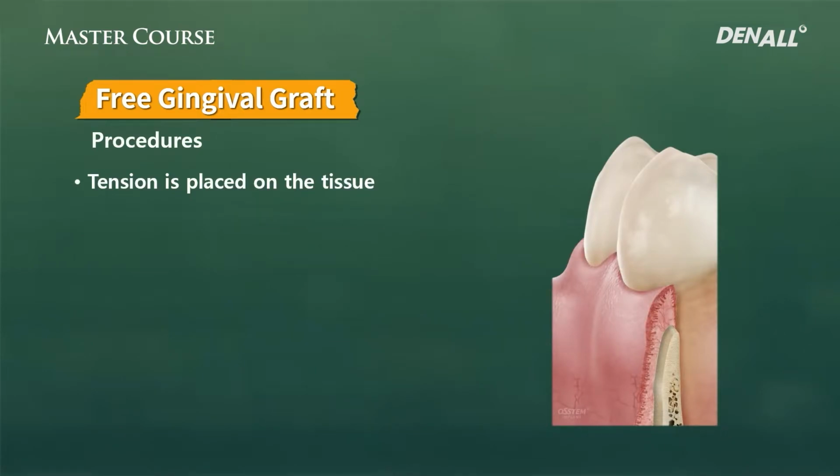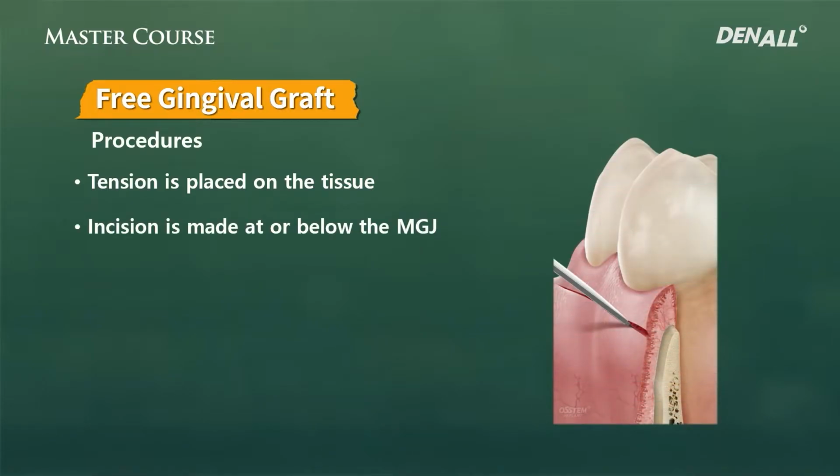Procedures, let's look at one at a time. The first thing, you need to make a recipient site. You do not just make an incision. You need to make the recipient site tense by pulling the flap, so tension is placed on the tissue of the recipient site.